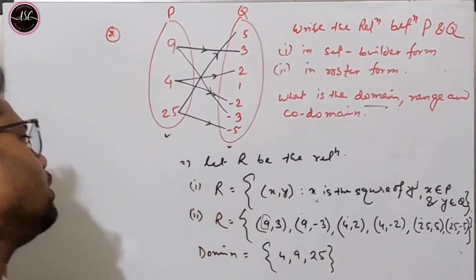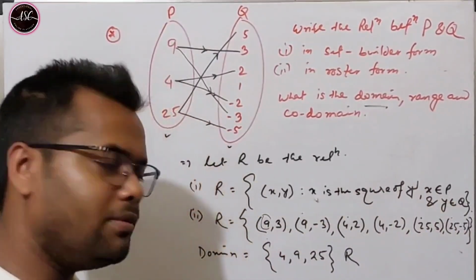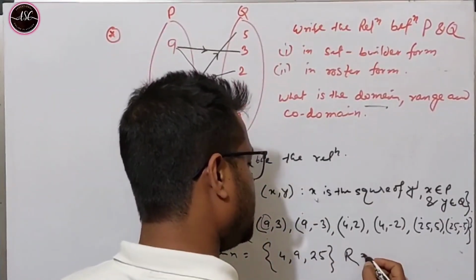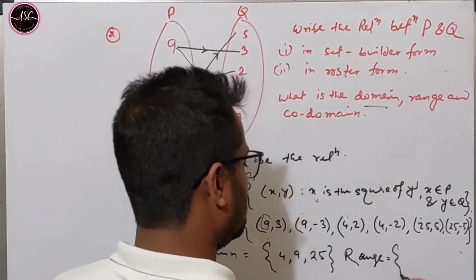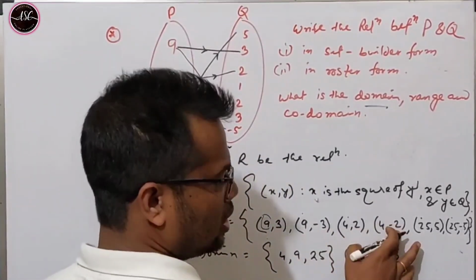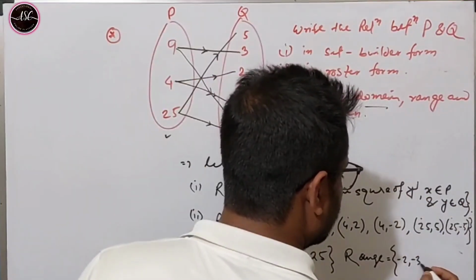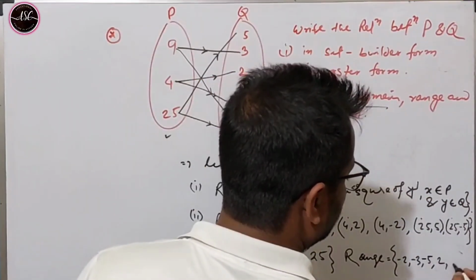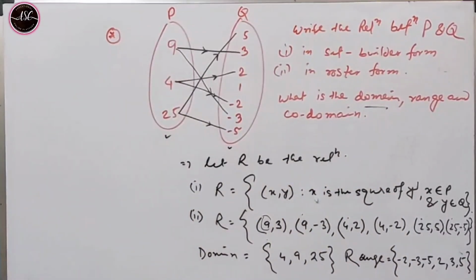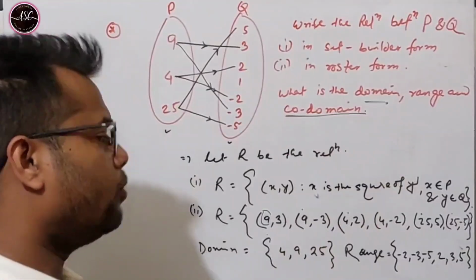Now the range will be the set of all the second elements of the ordered pairs in the relation. So range will be equal to {-2, -3, -5, 2, 3, 5}. This is our answer. Now there is another thing, codomain.